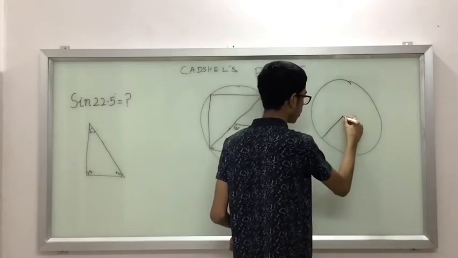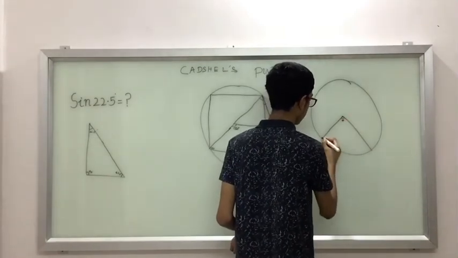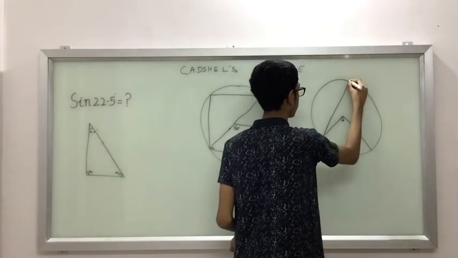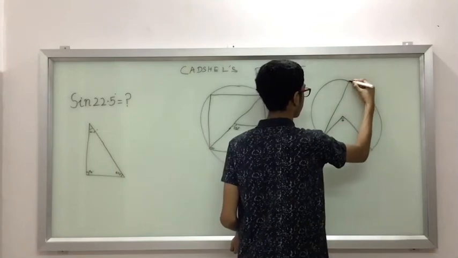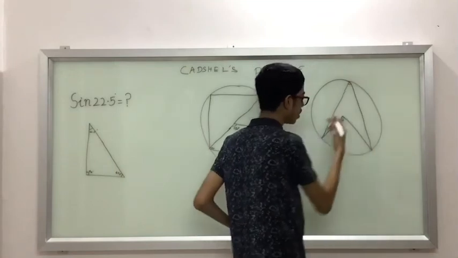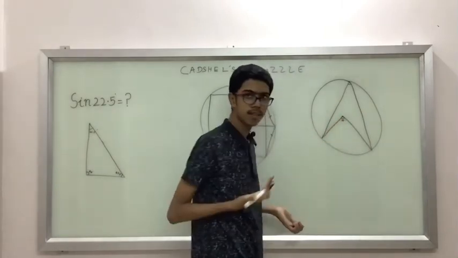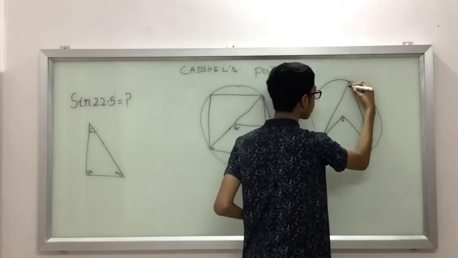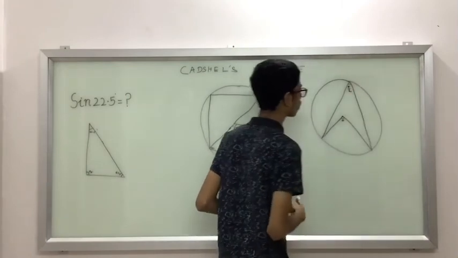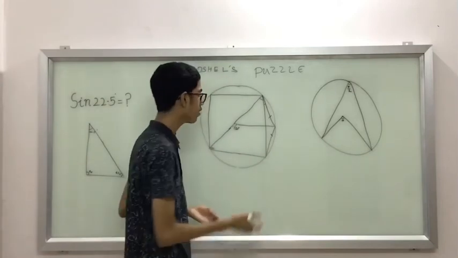Think. This is theta. Then what is this angle? This is theta and this is the center point. If this is theta, then this is theta by 2. This is a property of a circle. The same thing will apply here.